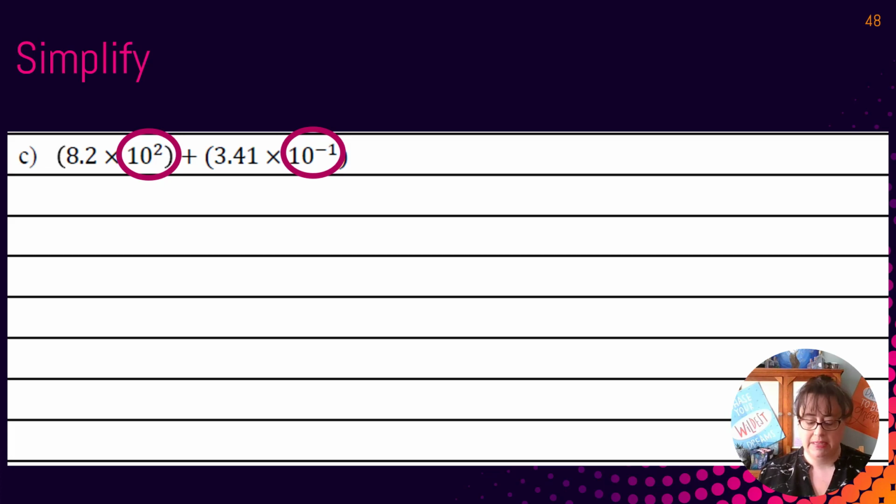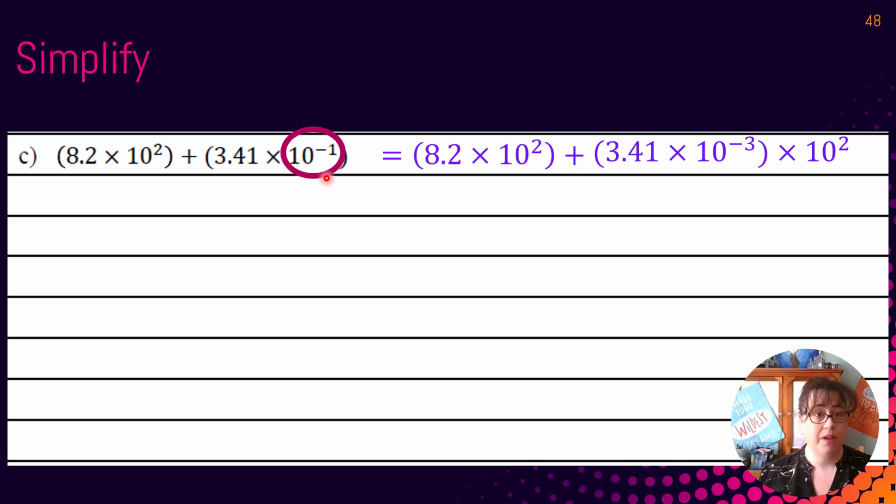So I am going to leave the first one the same. And then I'm going to take the second one and split it so that it says 10 to the -3 times 10 squared, because I have to have the last thing be 10 squared so that it matches this 10 squared. But when I put 10 to the -3 times 10 squared, it's equal to 10 to the -1.